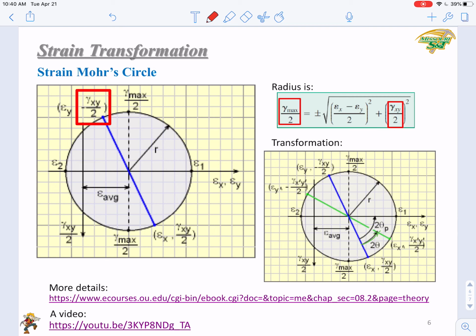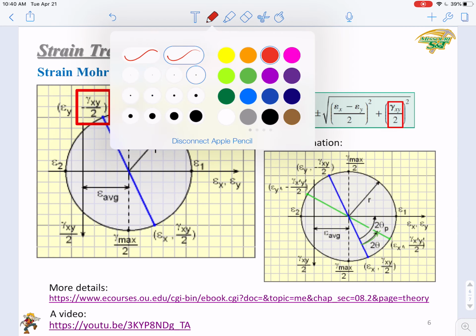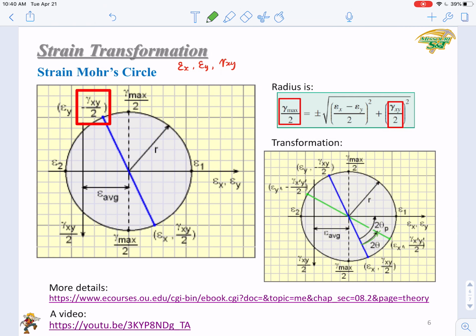We know the strain components of an element: epsilon x, epsilon y, and gamma xy. But to draw the Mohr circle, we will not use these three. We will use epsilon x, epsilon y, and gamma xy over 2. Those are the three things we will use to draw the strain Mohr circle.